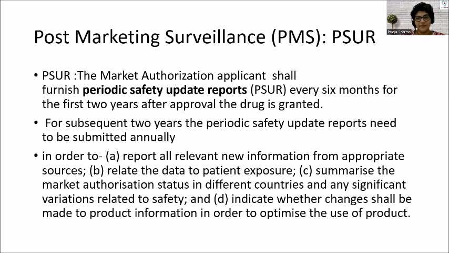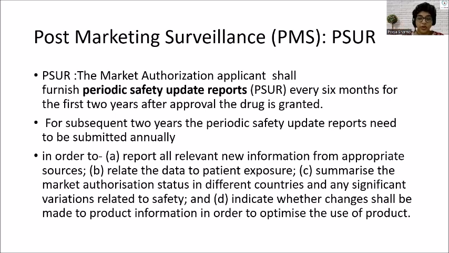After the subsequent 2 years, the periodic safety update report can be submitted annually. So that means that while the drug is considered a new drug for 4 years, in the first 2 years these safety updates are provided 6 monthly, and in the next 2 years, they are to be provided every year.